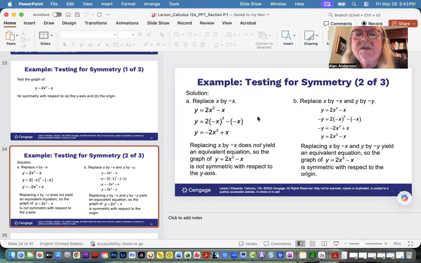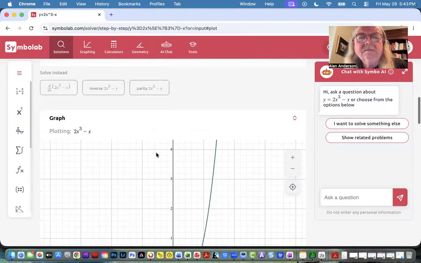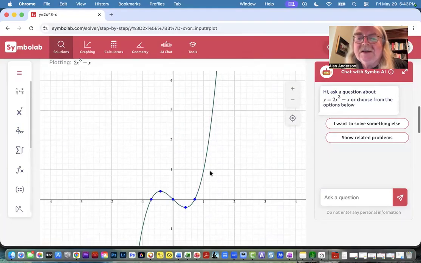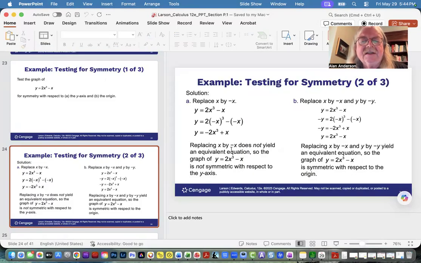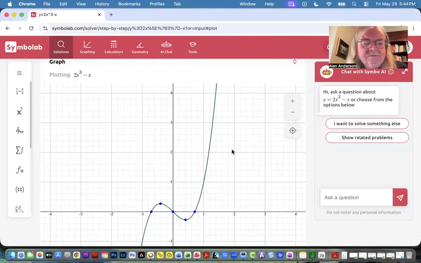So what they want you to do is this. Yeah, it's kind of strange looking, but yes, you can see that they are correct. But 2x cubed minus x, let's take a look at this.